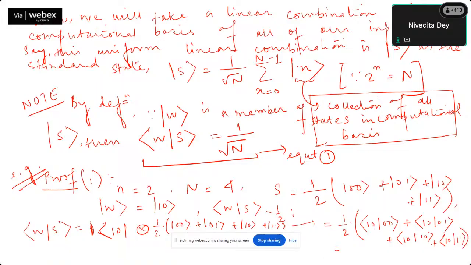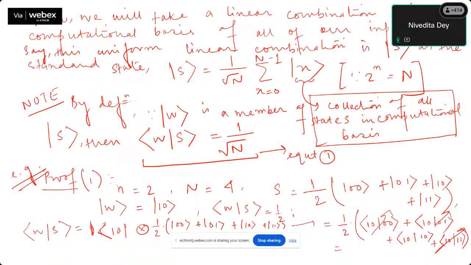Now you know all these things will get cancelled out because they are just the inner product of two not similar items, which is basically 0. I don't think I have to prove this one as well; you can check it by yourself. Inner product of 0, 0 is 1, but inner product of 0, 1 is 0.